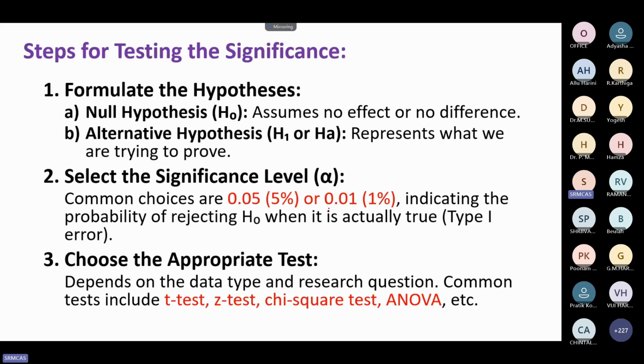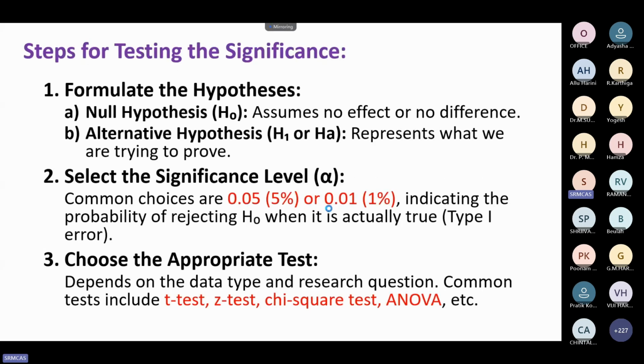We have to say that before the analysis is taken, and choose the appropriate test, based on our kind of data, whether the parameters about the population characteristics are unknown or known. We can use different kinds of test: t test, z test, chi square test, f test. So we have to choose the appropriate test accordingly.